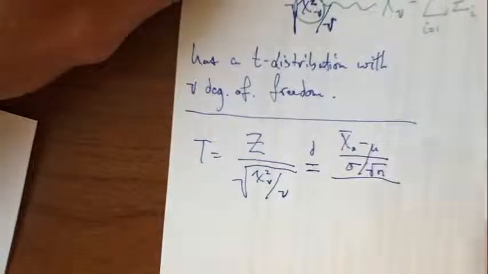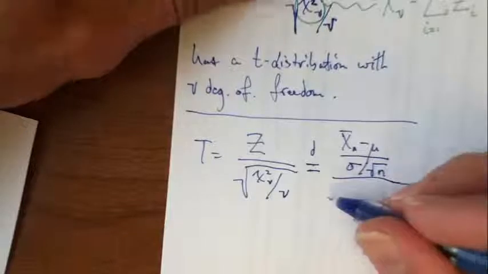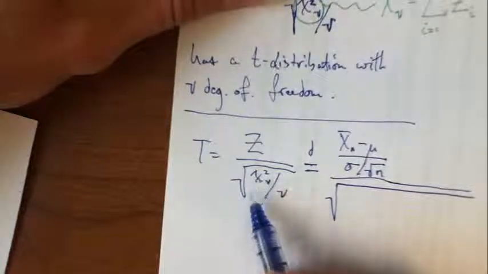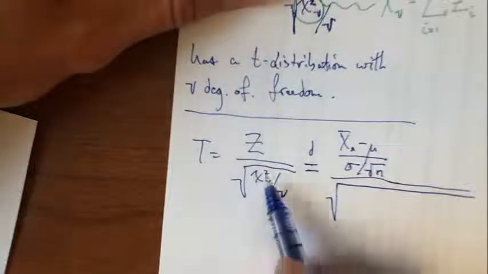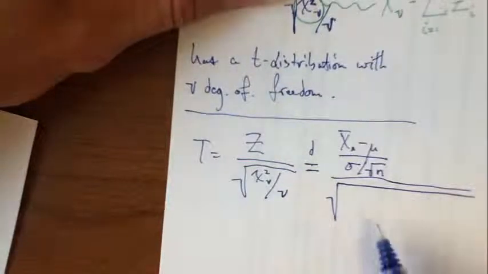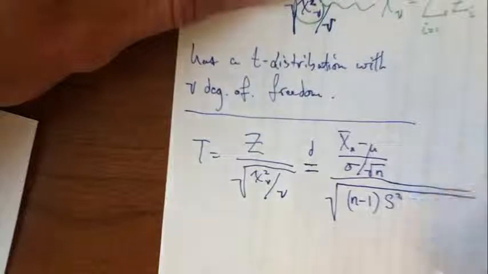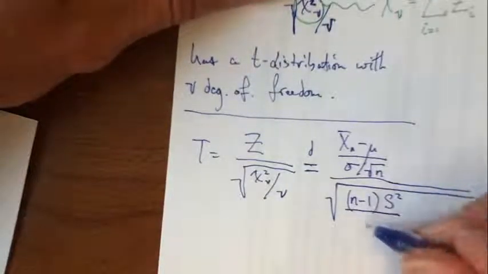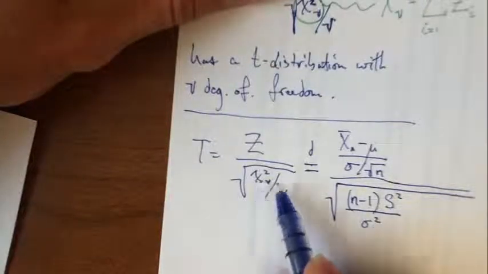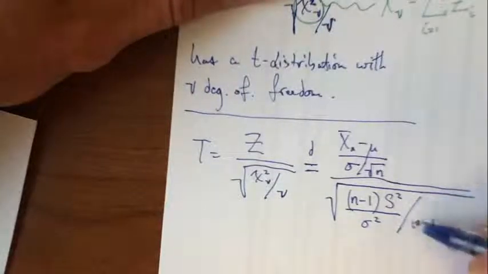And then all of this stuff down here is something of practical importance that behaves like a chi-square random variable. Remember from that previous theorem, if we take n minus 1 times the sample variance divided by the actual population variance, all of this behaves like a chi-square random variable with n minus 1 degrees of freedom. So now I'll just divide that by n minus 1.